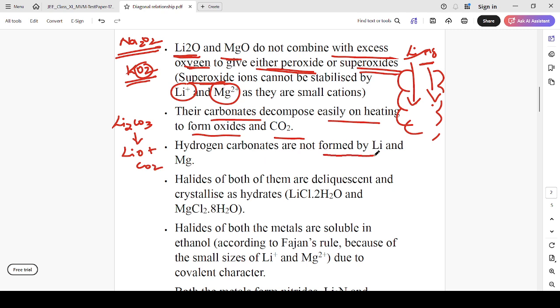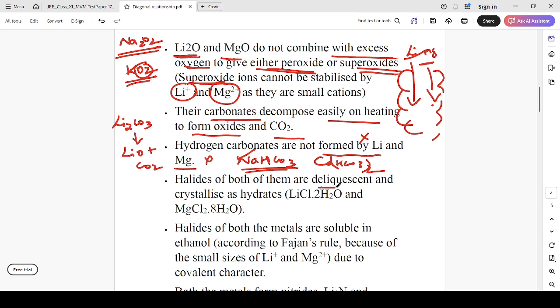Hydrogen carbonates are not formed by lithium and magnesium. You have heard of sodium bicarbonate, baking soda. Sodium forms it, but lithium does not. Calcium forms calcium bicarbonate, but magnesium does not form it.